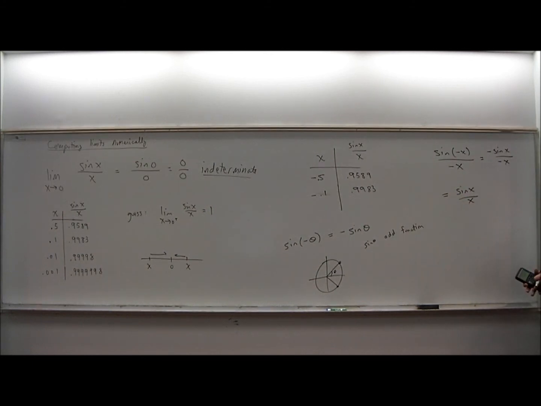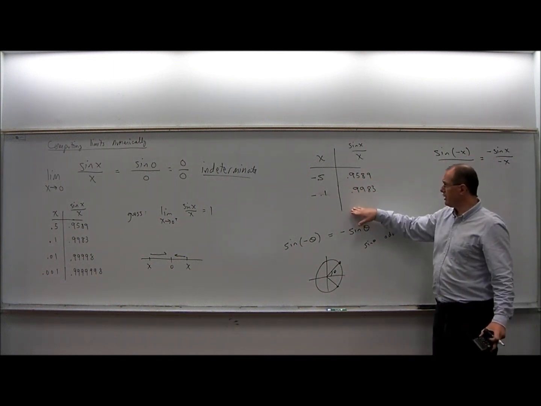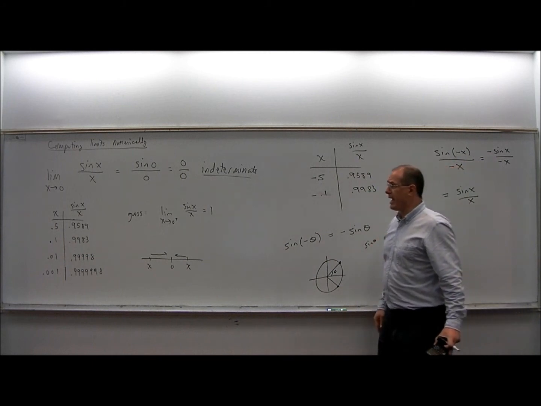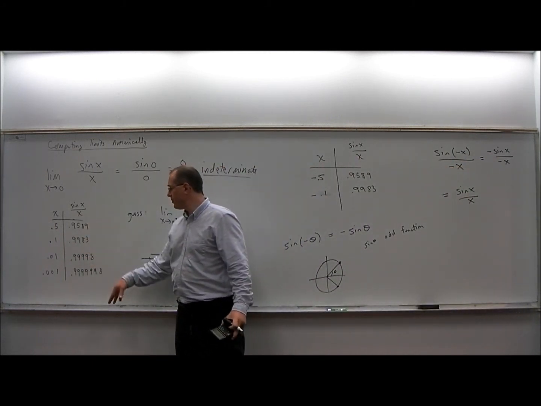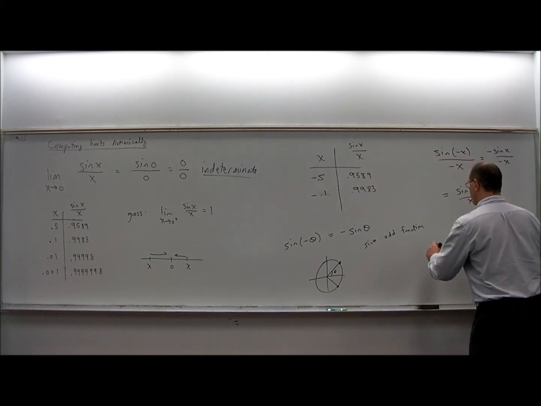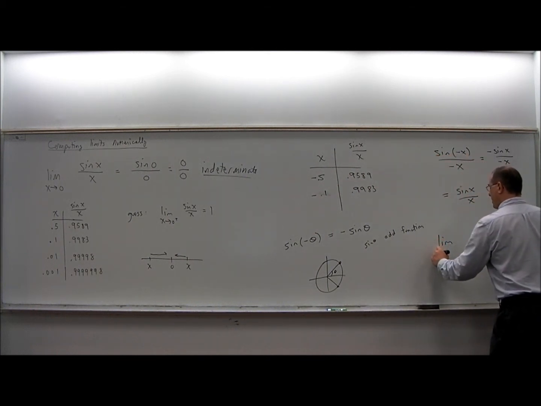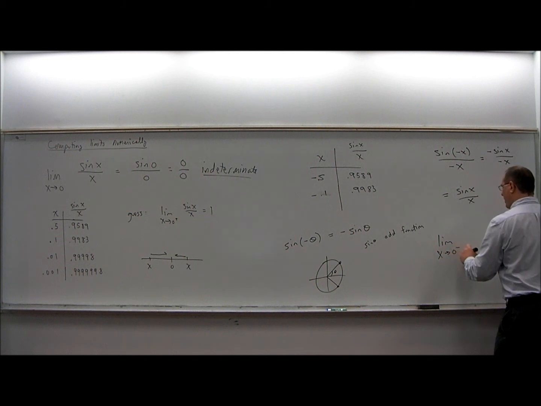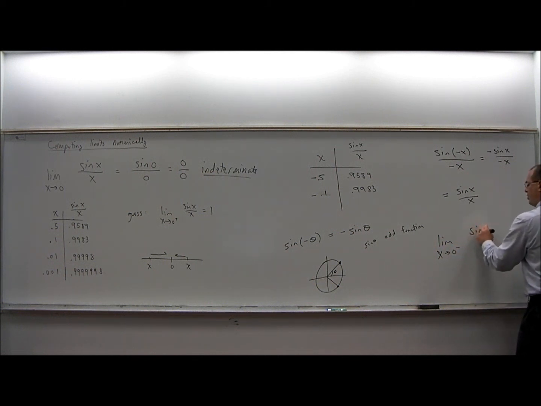So you can see that you're going to get the same output whether you put in a number or its negative. So it's no coincidence that these values are exactly the same as these. So the next two will also be exactly the same, and we will be able to conclude that the limit as x goes to 0 from the left of sine x over x is also 1.